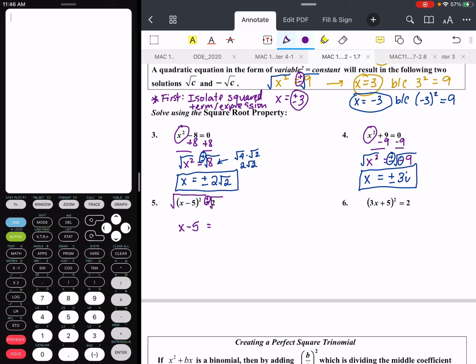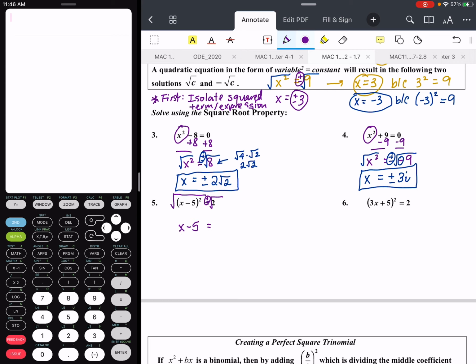So don't do any sorts of weird gymnastics. The only thing I could see changing would be, because it's also correct, you could put plus or minus square root of 2 and then plus 5. So that would be okay. But just make sure that you're keeping the plus or minus in front of that square root of 2.